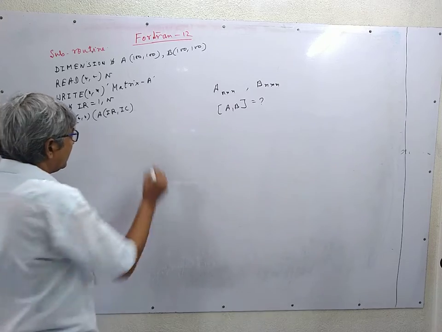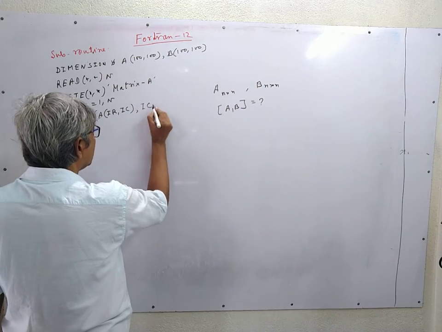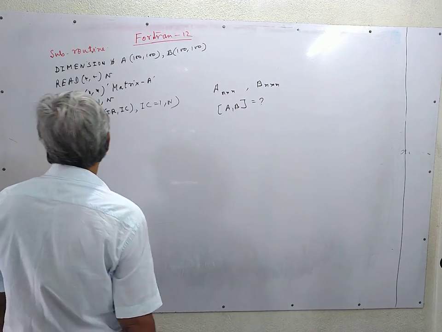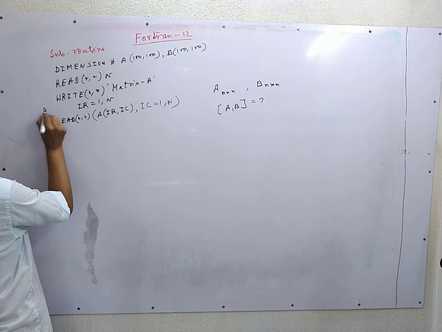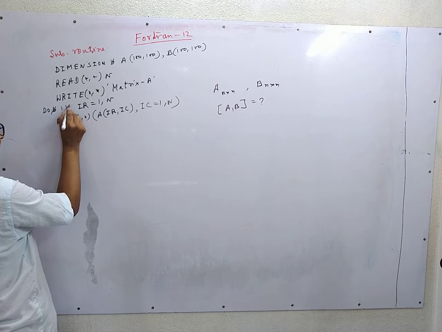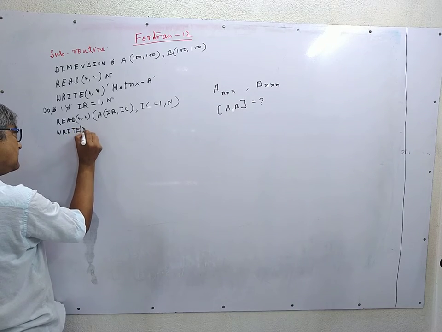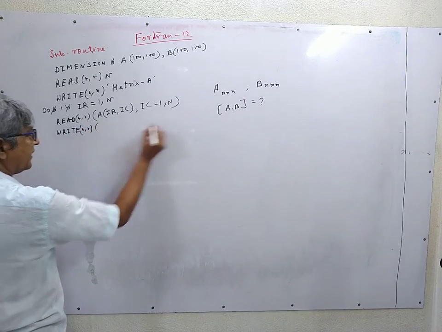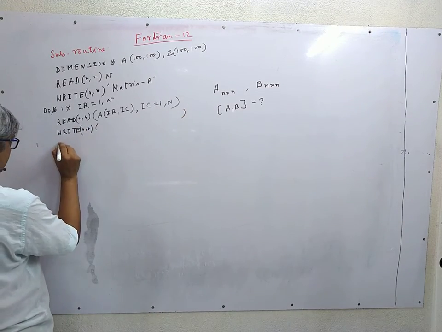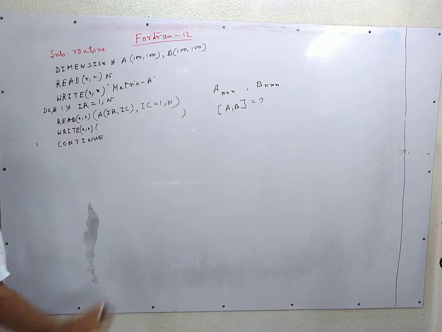These are known to you as has been explained in the case of matrix operation. Do 1, then write star comma star, the entire thing, 1 continue. This will read the matrix in matrix form and will write it in the same.